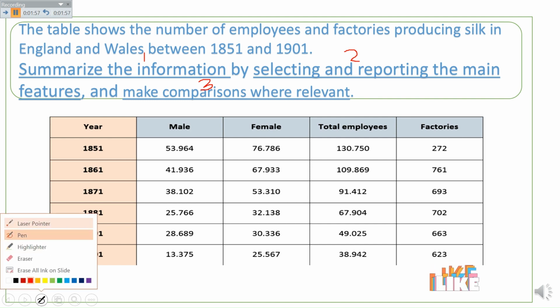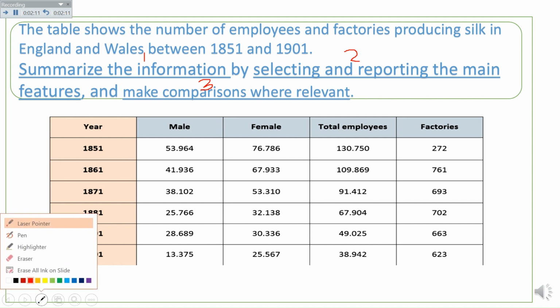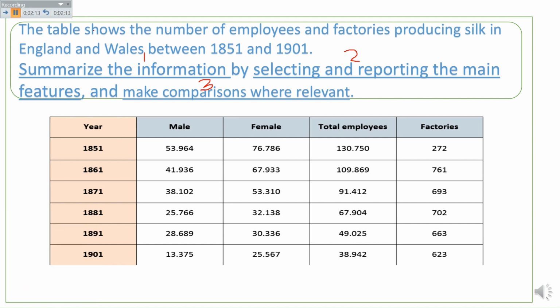So let's see what a summary is. Summary means we need to use our own words to describe the prompt. So like what we say, like "table shows," we can use the word illustrate or depict in place of shows. The number of employees, we can see that male and female producing silk in England and Wales in a span of 40 years.